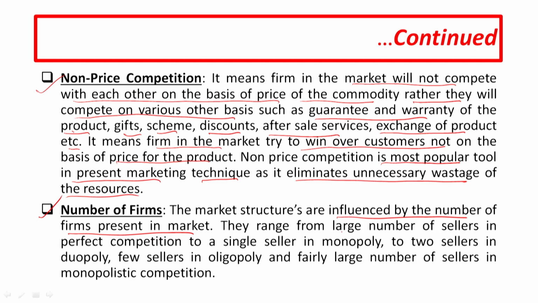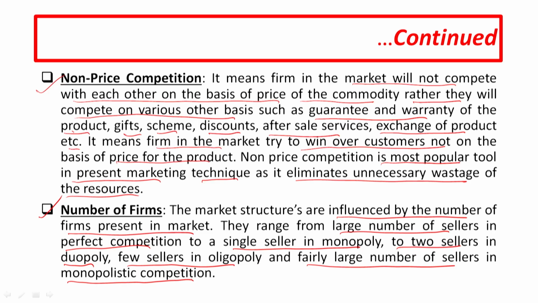They range from a large number of sellers, as you are already aware in perfect competition, to a single seller in monopoly, where there is only one seller, to 2 sellers in duopoly, few sellers in oligopoly, as we have already discussed, and a fairly large number of sellers in monopolistic competition.